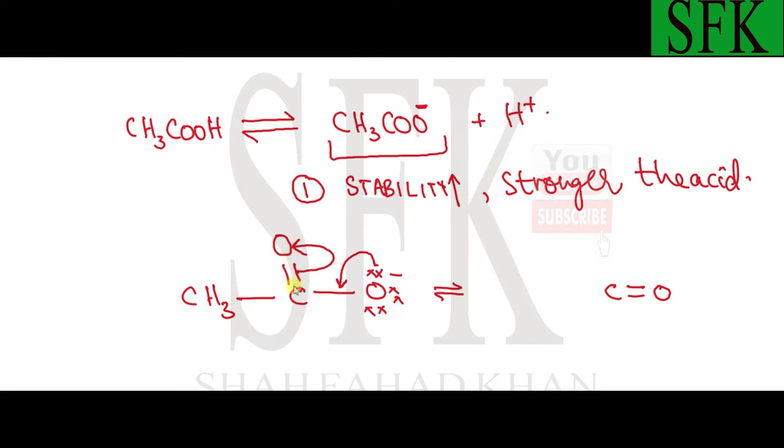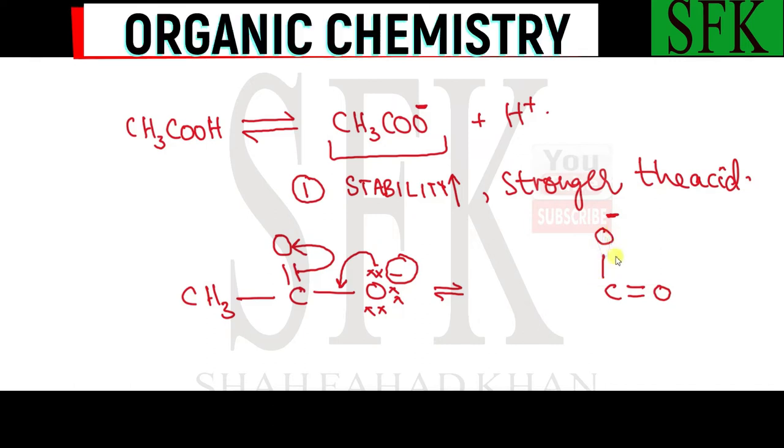Once the pi electrons are transferred to the oxygen atom, this bond becomes a single bond and the negative charge comes over the oxygen on the upper side. So this forms a structure: O negative comes over here. The negative charge has moved from the oxygen on the right to the oxygen on top. So a single bond forms and a double bond comes over here, and the remaining structure stays the same.